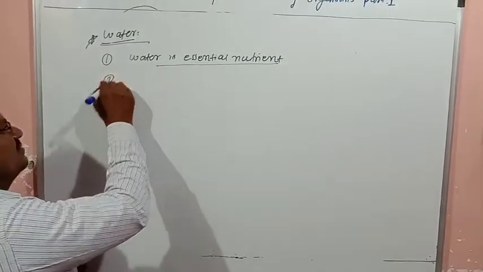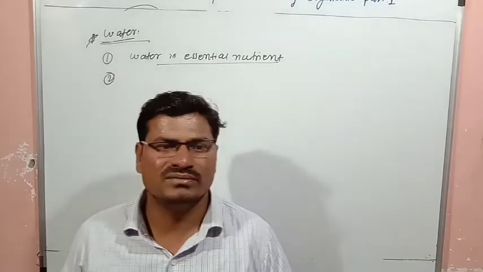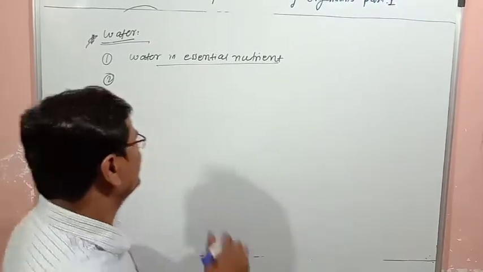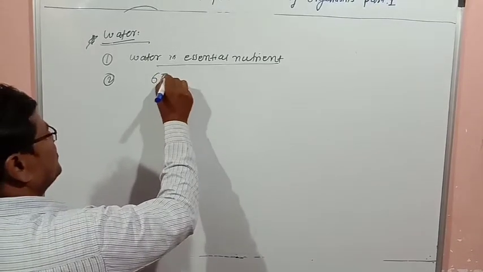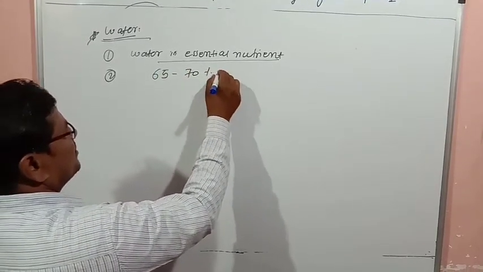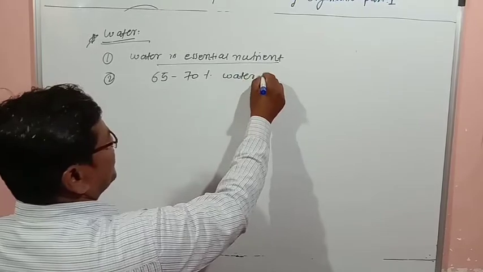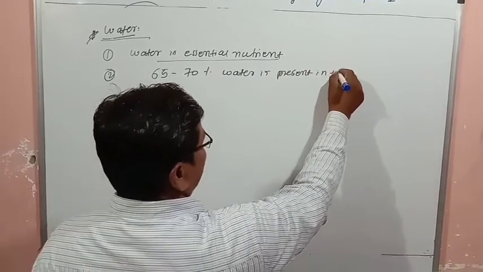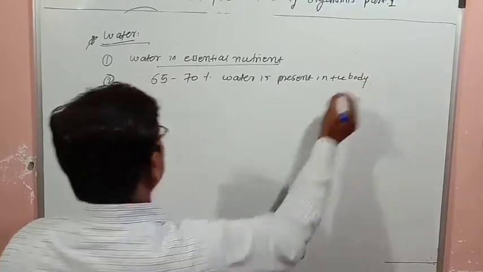Second thing, inside the body 65 to 70% water is present. How much water is there? 65 to 70% water is present in the body.